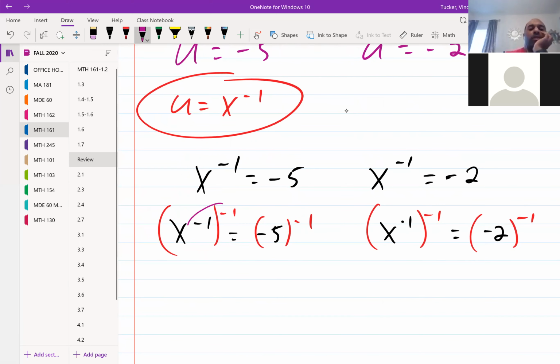And so that's going to cancel out for us, leaving us with just x. And now, remember, these are exponents. So that's not -5 times -1. That's not -2 times -1. That's -5 raised to the negative first power. And so negative exponents will drop that 5 down into your denominator.